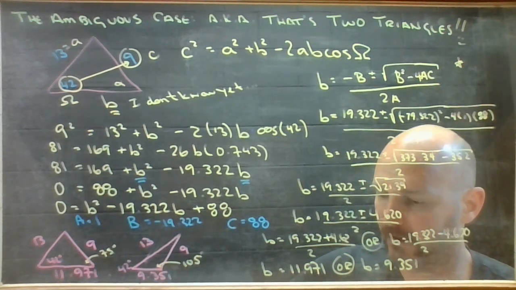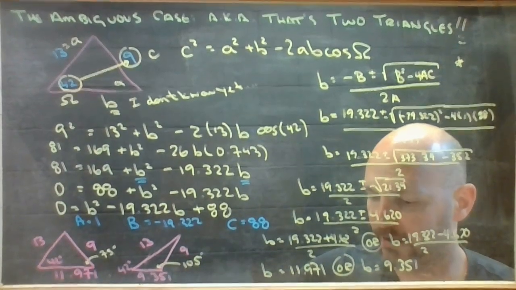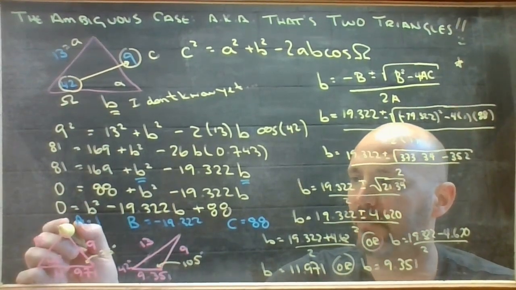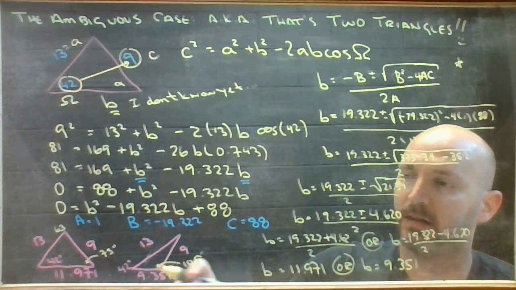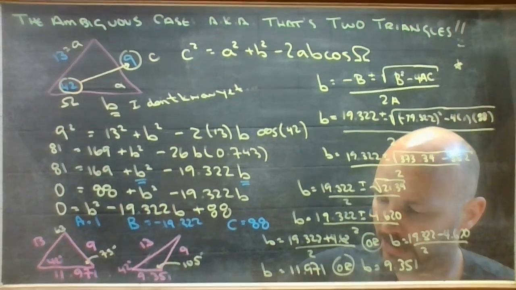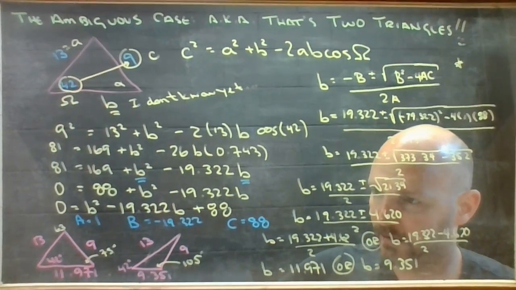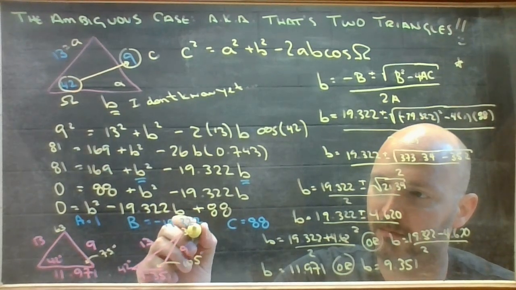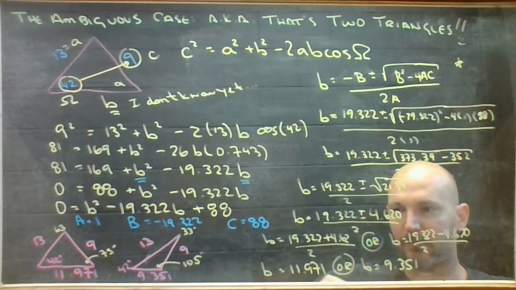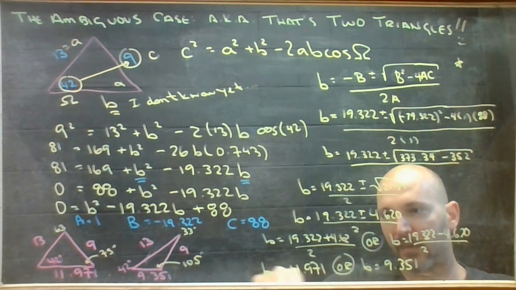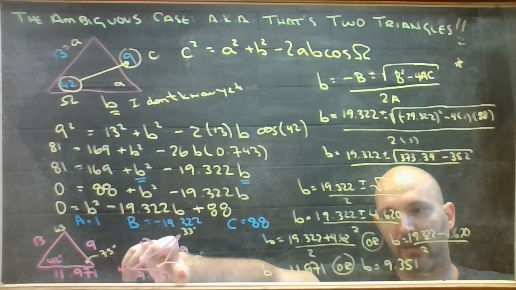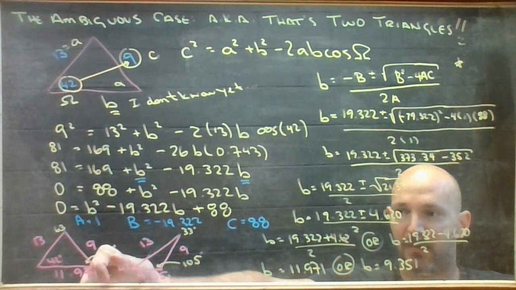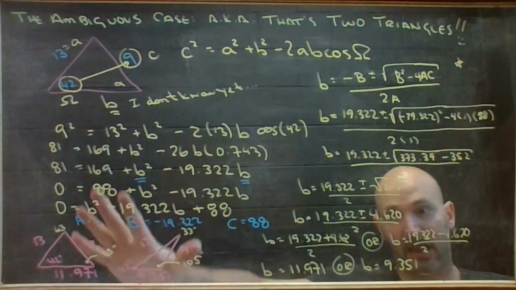So if I figure that out, 180 subtract 42 subtract 75, that leaves 63 degrees for this angle up here. If I do it for this one, 180, take out 42, take out 105, I end up with 33 degrees up here. So I have the biggest angle across from the biggest side, and I have the biggest angle across from the biggest side. So it all worked out that way.